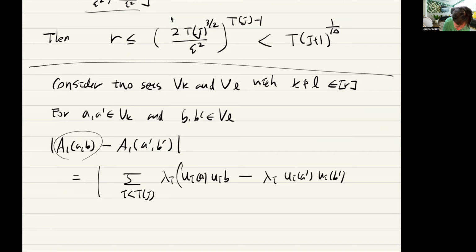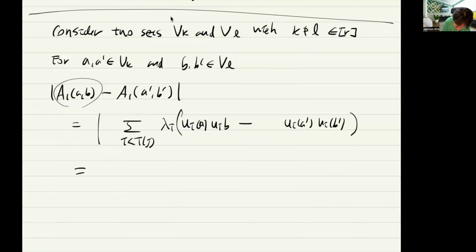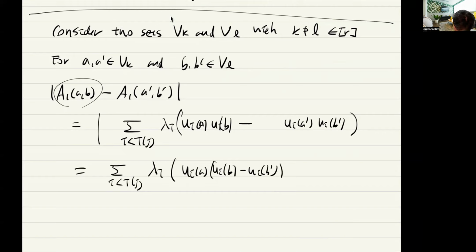Maybe let me write it this way. This u_i(a) u_i(b) you can write as u_i(a) times (u_i(b) minus u_i(b')) plus u_i(b') times (u_i(a) minus u_i(a')).